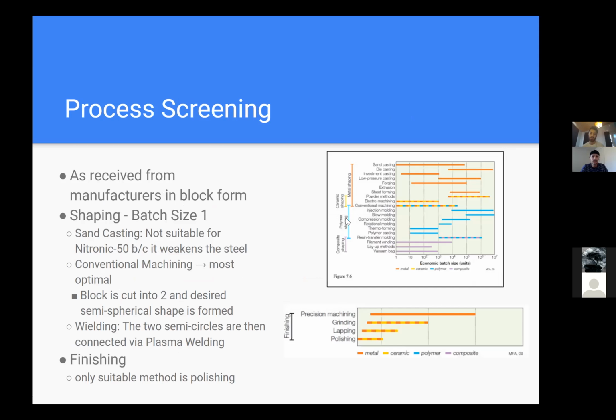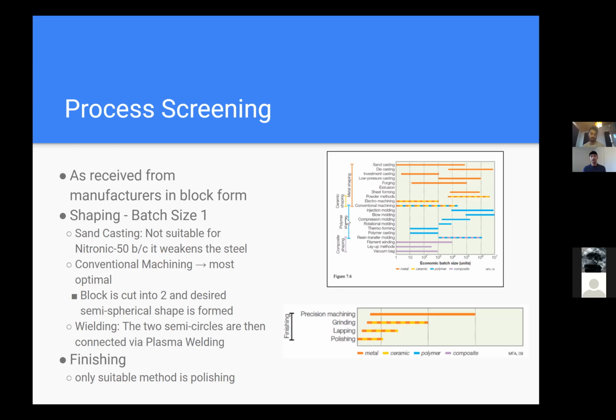As far as process screening, because our batch size is only one, the only suitable way we can manufacture this is machining. The reason we couldn't use sand casting is that when you sand cast Nitronic 50, it decreases our yield strength, and we want to optimize how strong our Nitronic 50 is.